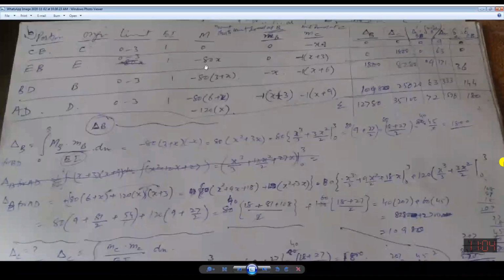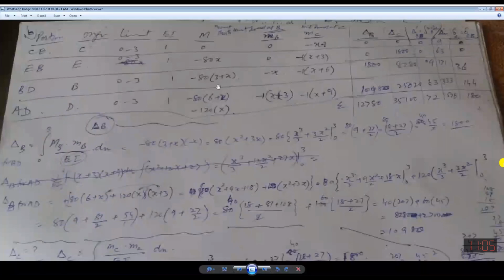Now I move to the BD portion. Just keep the figure of the beam in front of you. In the BD portion, only the effect of the 80 kilonewton force is there. The limit is 0 to 3, meaning from B to D, whereas the distance between E and B is absolute.